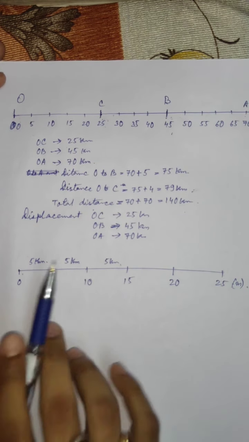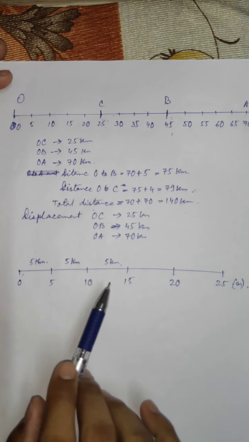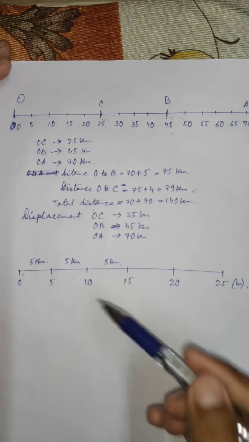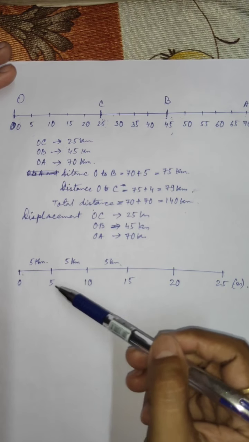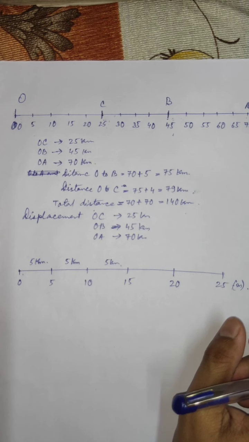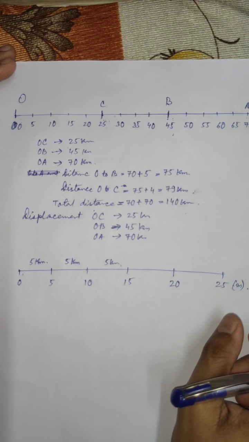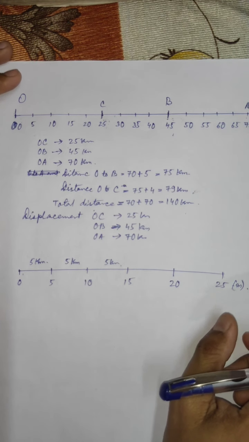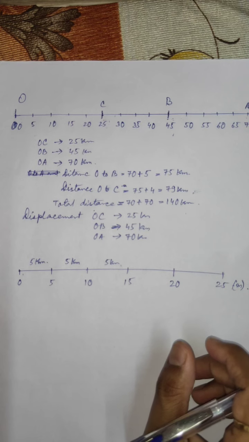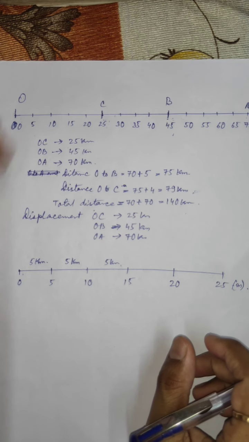And if an object covers unequal distances in equal or unequal intervals of time, I mean if any one or both of the factors is unequal in the motion of an object, then it is non-uniform motion. In our day-to-day life, we come across motions where objects cover unequal distances in equal intervals of time.